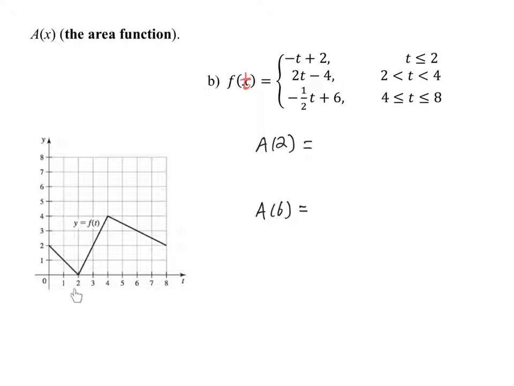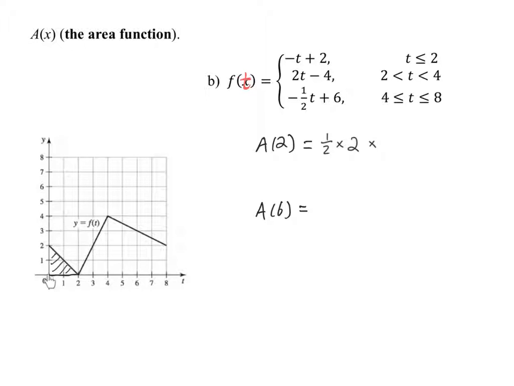When t is 2, A of 2 means the area to the left of 2 and under the graph, which means the area of this shaded triangle. So I know that this is 1/2 times the base times the height, and the base is 2 because it's from 0 to 2, and the height is right here.